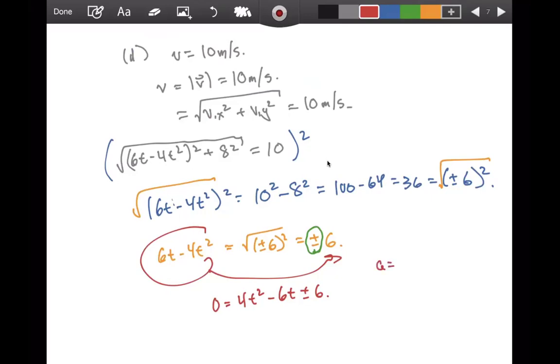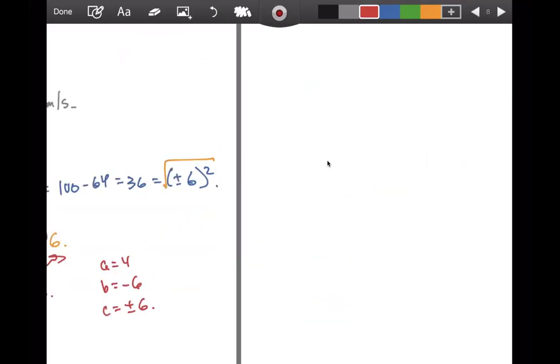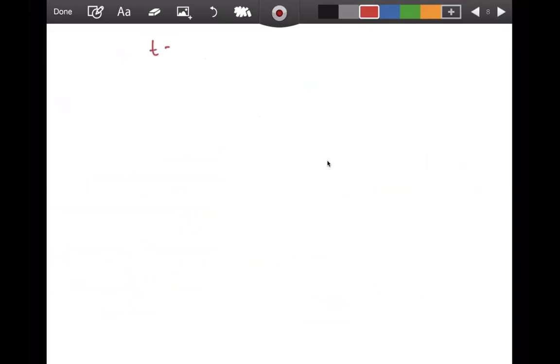In this case, a is equal to 4, b is equal to minus 6, and c is equal to plus or minus 6. So let's plug those in. This tells me that t is equal to minus b, which is 6, plus or minus the square root of 6 squared minus 4 times a, which is 4, times c, which is plus or minus 6, all divided by 2 times a, which is 8.